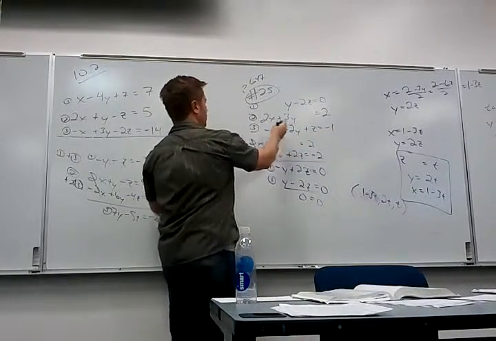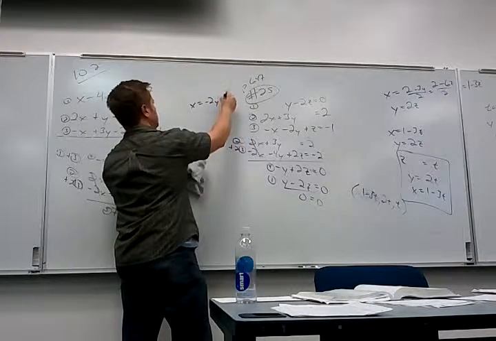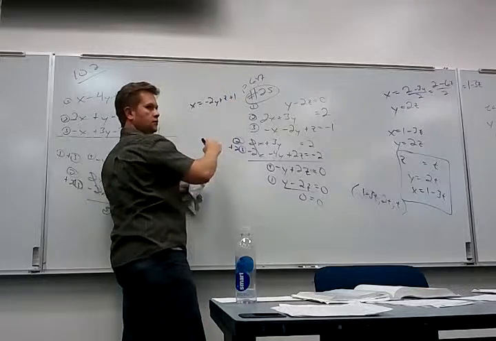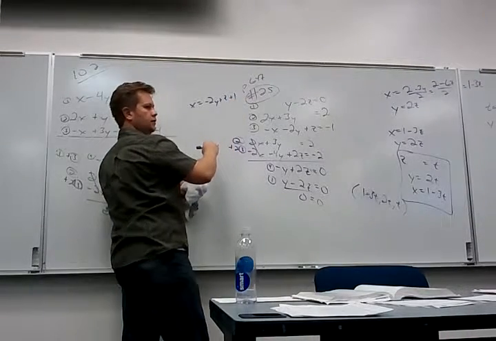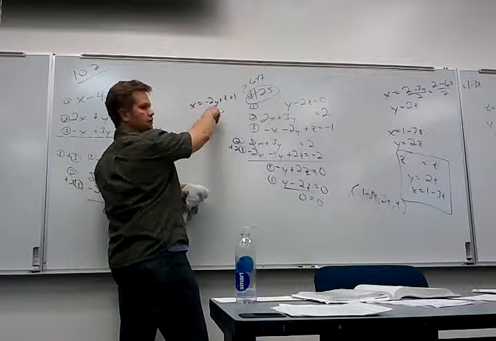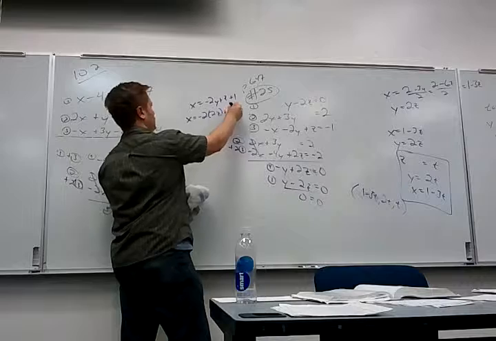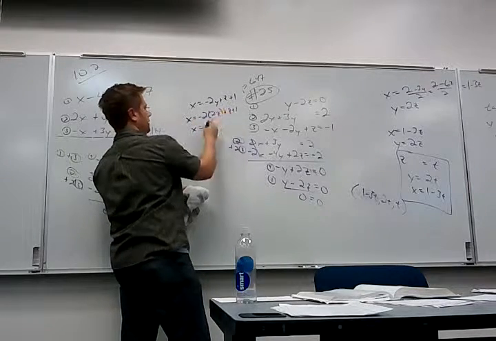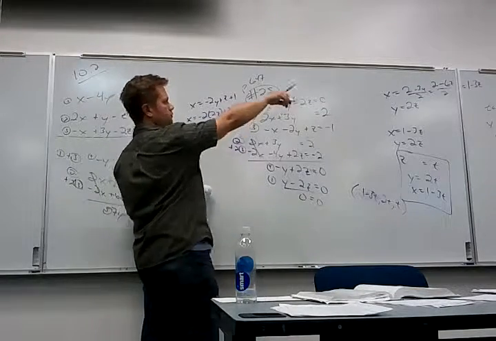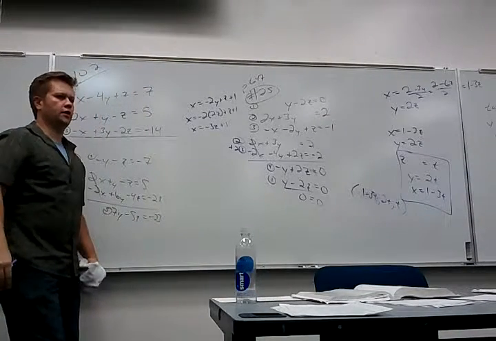So from number 3 you would get x is negative 2y plus z plus 1. Right? But then y is 2z. So you'll still end up with x equals negative 3z plus 1. Same thing. So you almost can't go wrong there.